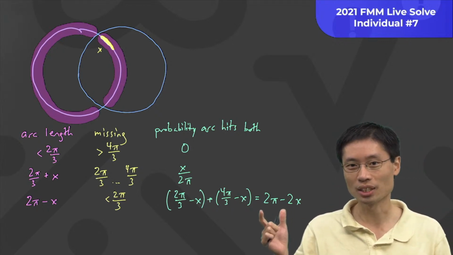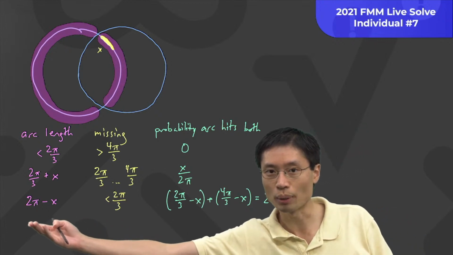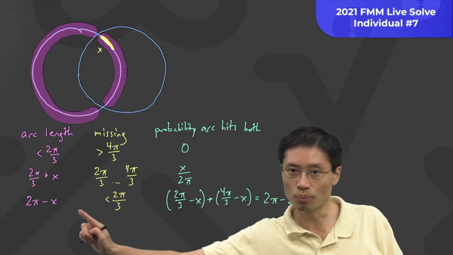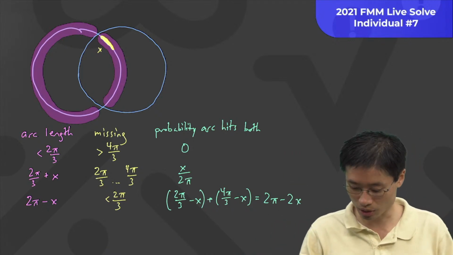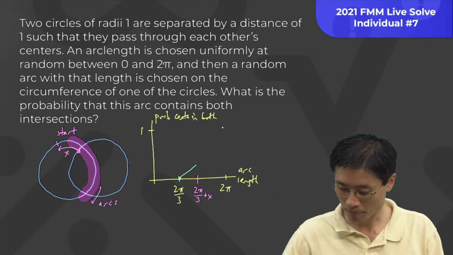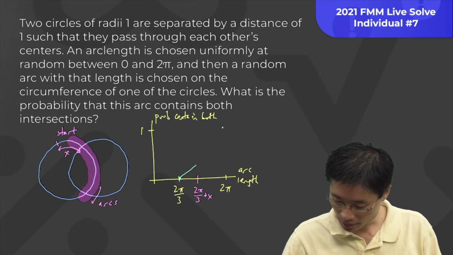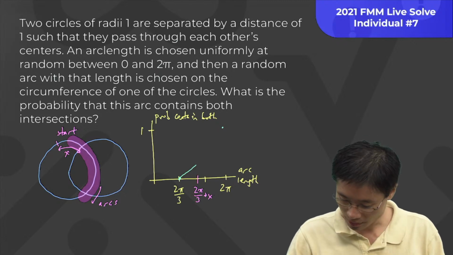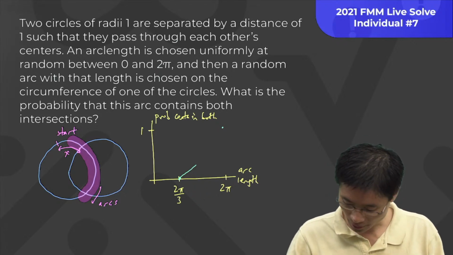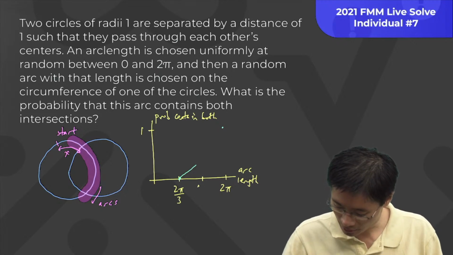So what I just saw is that when I'm going down from 2 pi on the arc length, if I go back down by x, in fact, my probability goes down by 2x. So there's a slope of 2. That's how I catch up. So what's going on is that at some point here, this is at 4 pi over 3. Okay, let's clean this off. Let's draw it better. This is at 4 pi over 3.